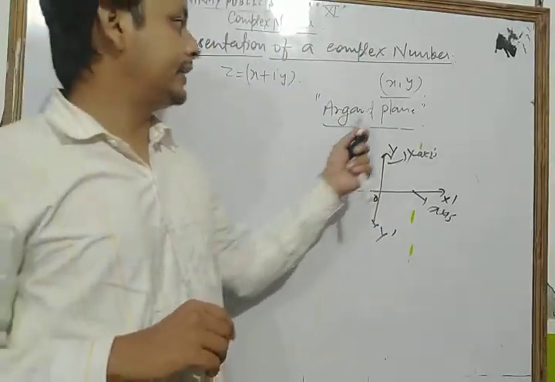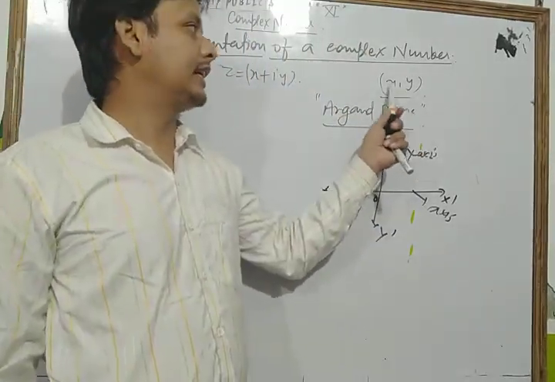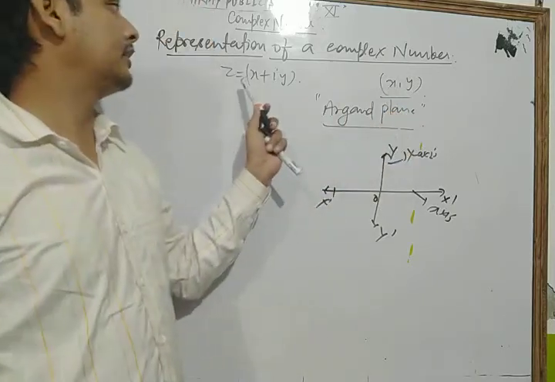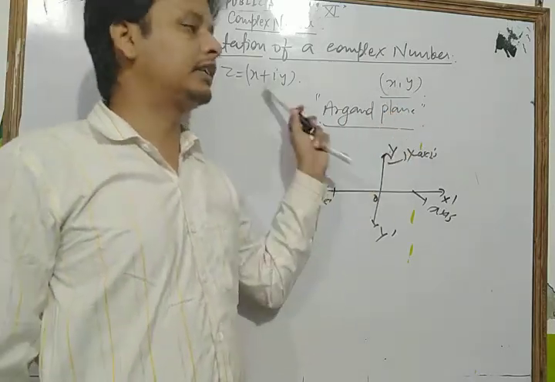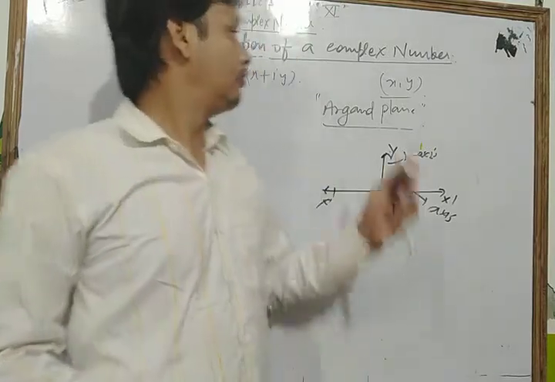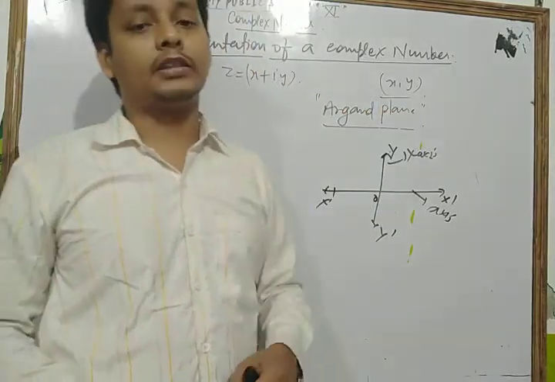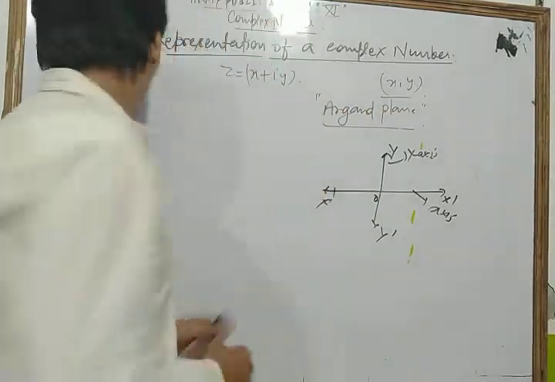Now we plot the point (x, y). Here x represents the real part of z and y represents the imaginary part of z.